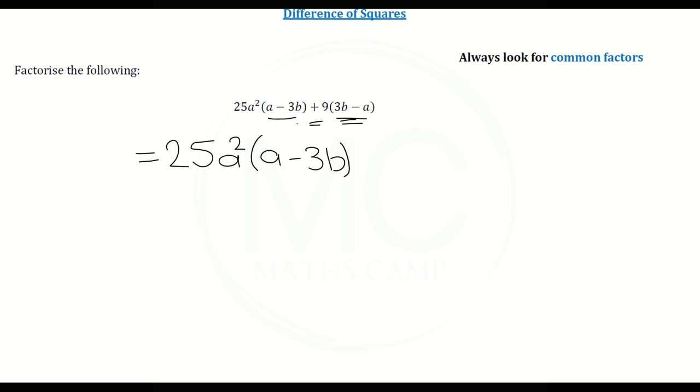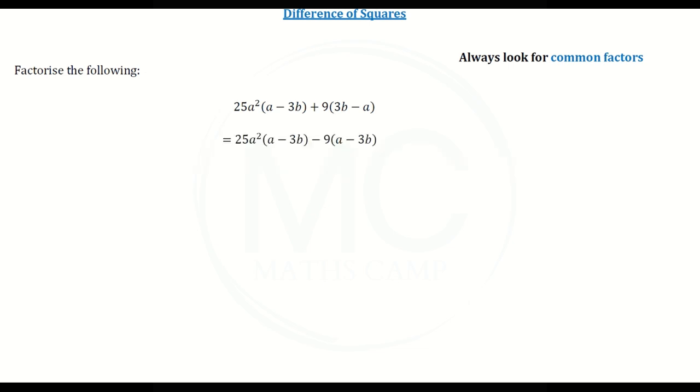Instead of plus 9, we're going to say minus 9. And because we've done this, we can change the order of this bracket over here. And it's going to become a minus 3b. Close the bracket.